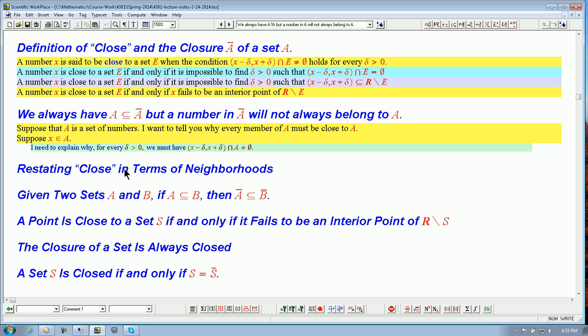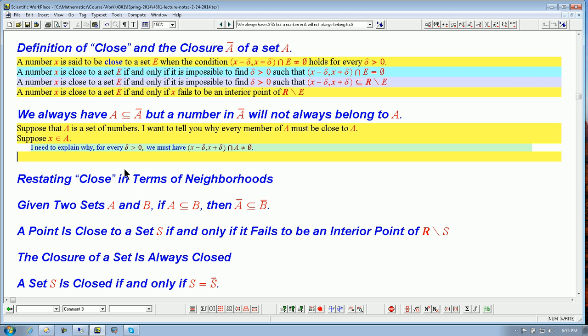So how do you prove a statement that says that for every delta greater than 0, something happens? Suppose that delta is greater than 0.